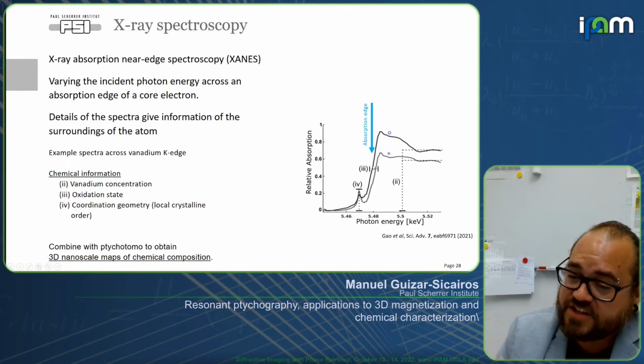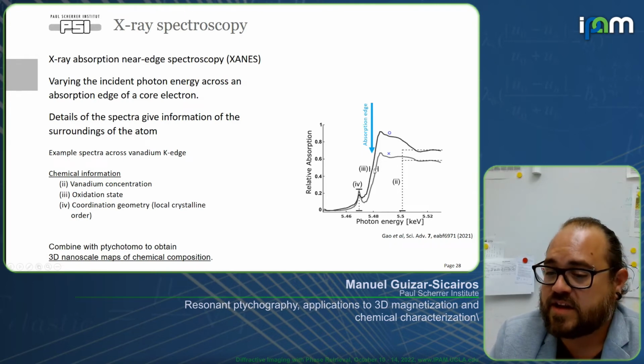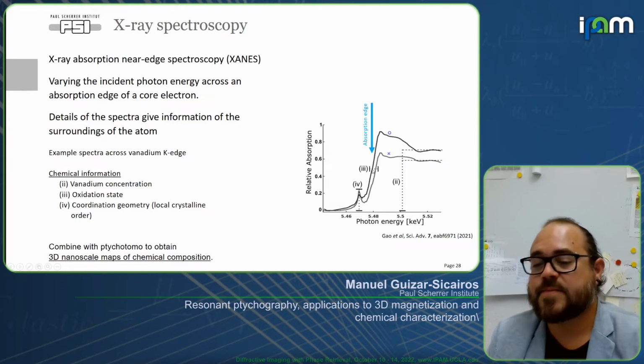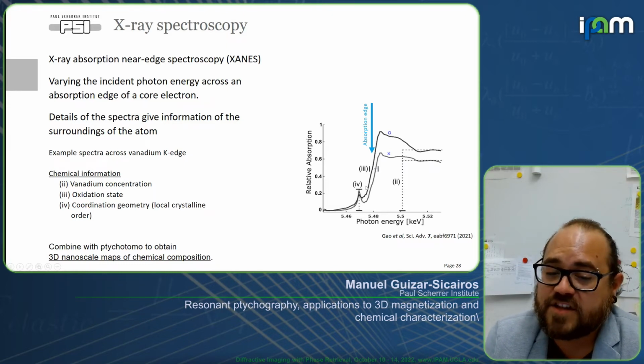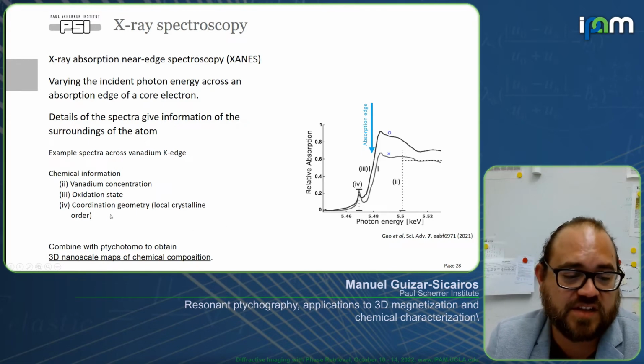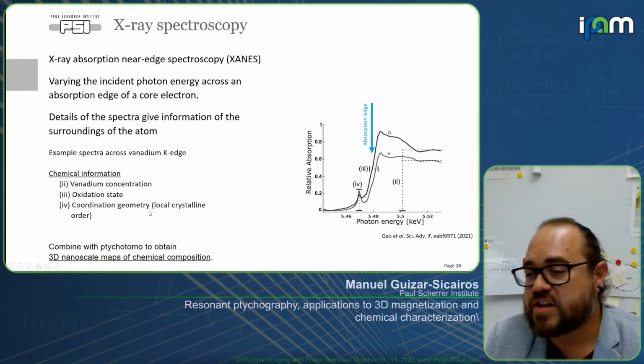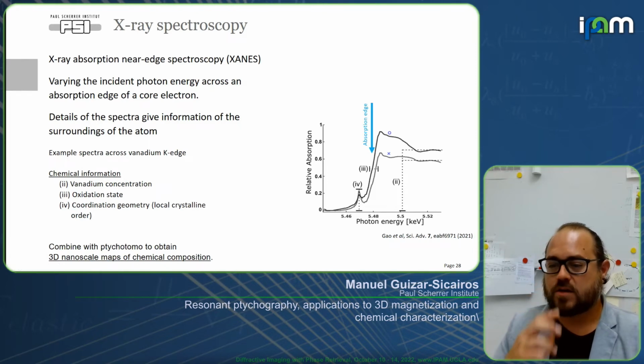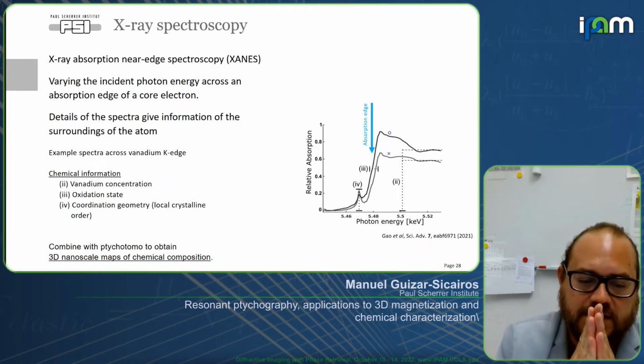If you change the oxidation state, then also the resonant energy shifts slightly. This is a pre-absorption peak, and this pre-absorption peak tells you information about the local coordination geometry or local crystalline order. So it tells you something about the environment.